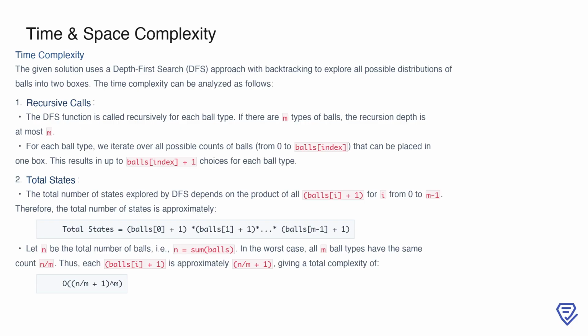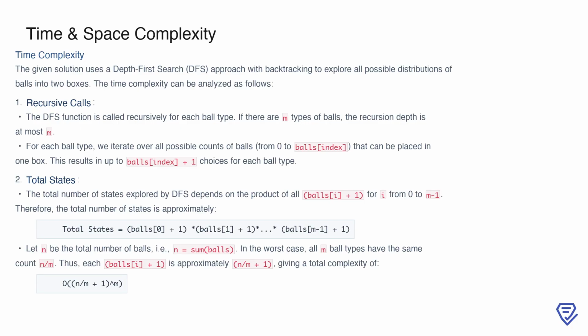If we let n represent the total number of balls across all types, and assume for simplicity that each type has an equal count of n/m, then each term, balls[i] plus 1, becomes approximately n/m plus 1. This leads to a total time complexity of O((n/m + 1)^m), which grows exponentially with m.